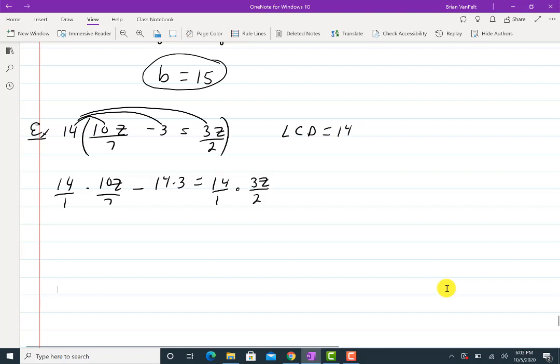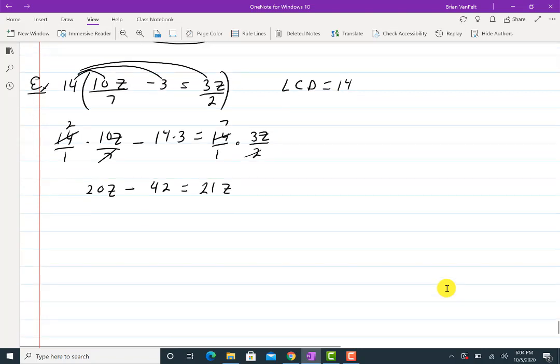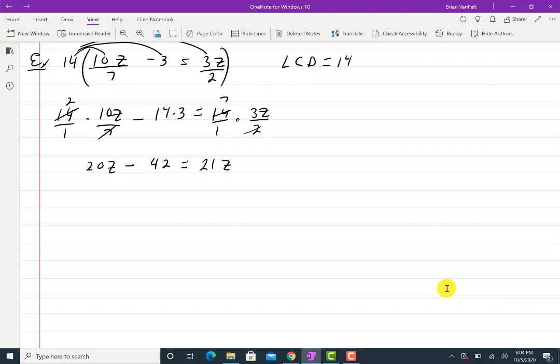Now remember, this is going to clear all the fractions out. 7 goes into 14 twice. That leaves me with a 20Z in that spot. 14 times 3 is 42. 2 goes into 14 7 times. That leaves me with a 21Z off to the right. I think it's easier to subtract 20Z here. And it's nice because you'll just be left with Z on the right, and on the left you'll get negative 42.